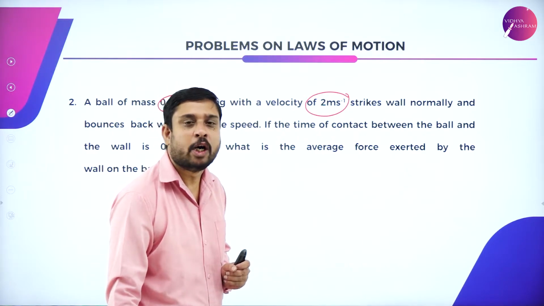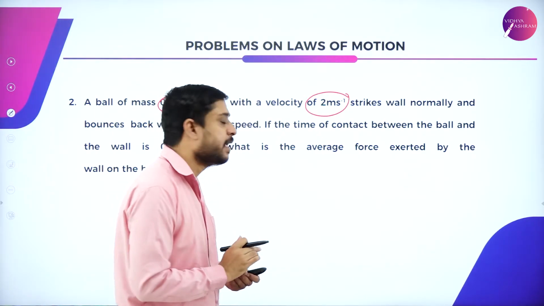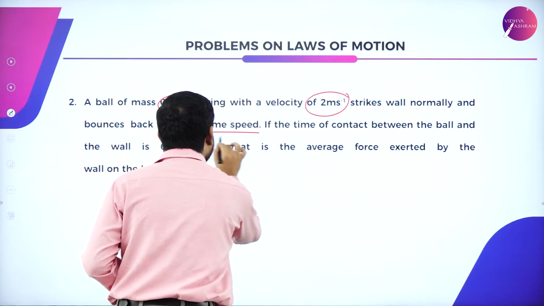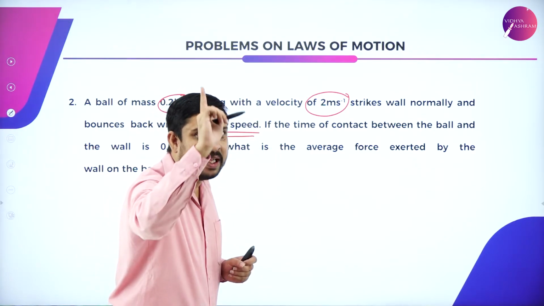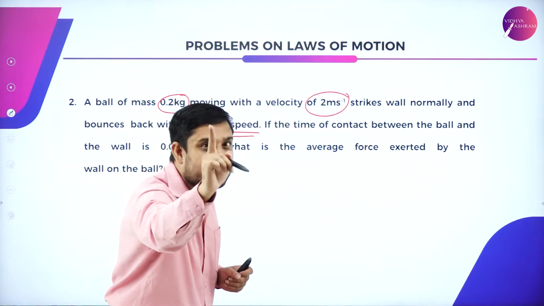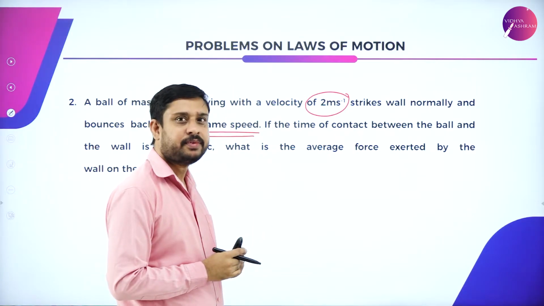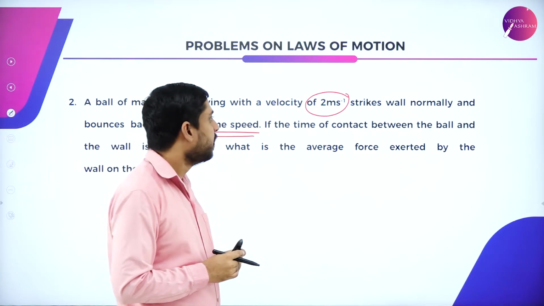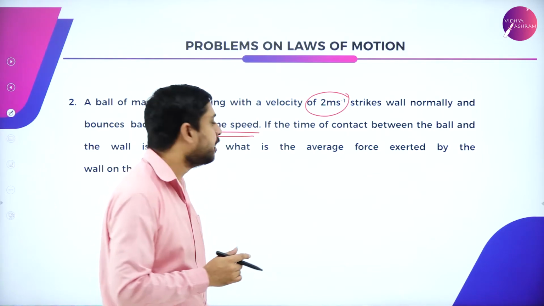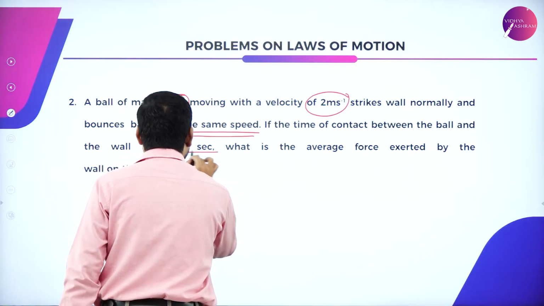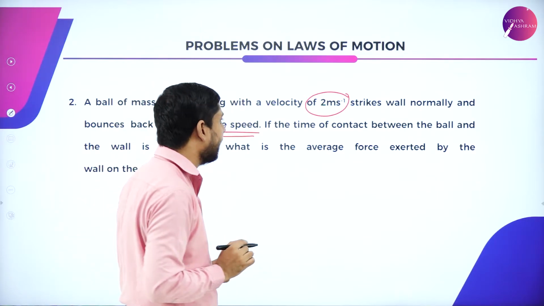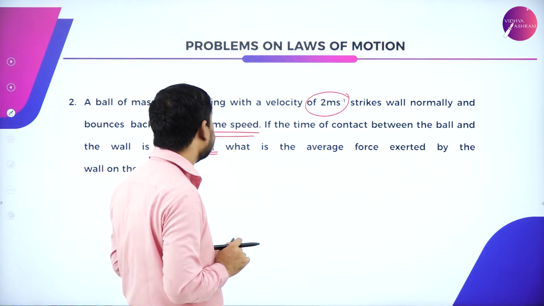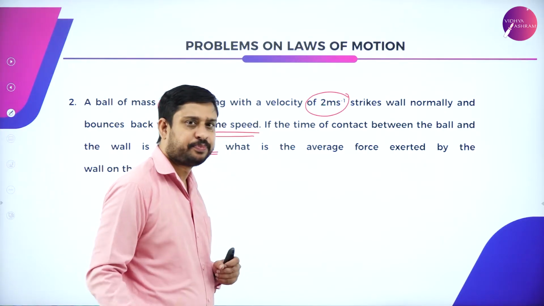It is striking a wall normally and bounces back with the same speed. A problem again on bouncing of a body. If the time of contact between the ball and the wall is 0.05 seconds, what is the average force exerted by the wall?